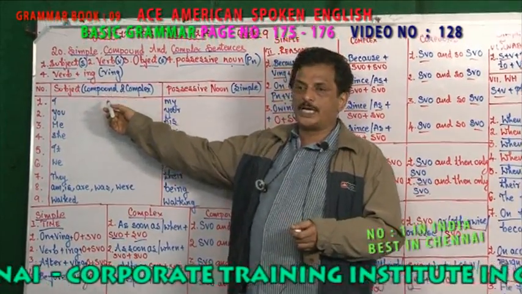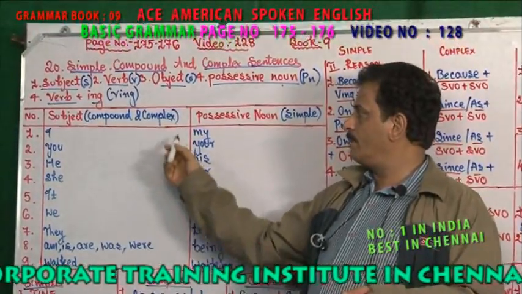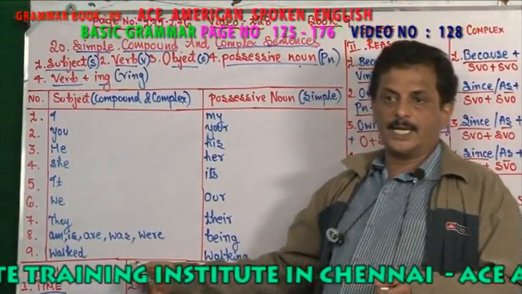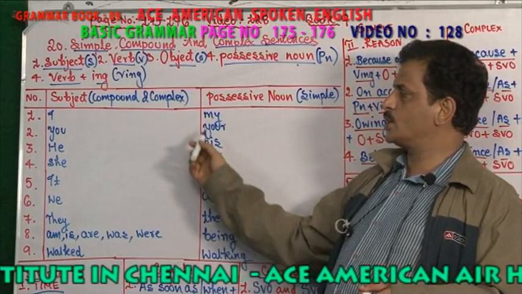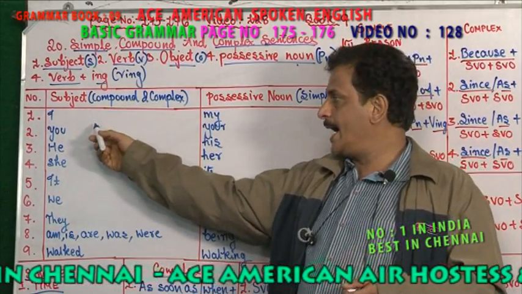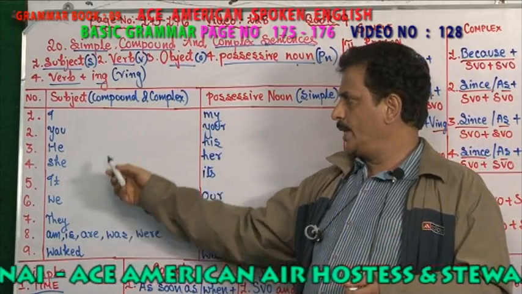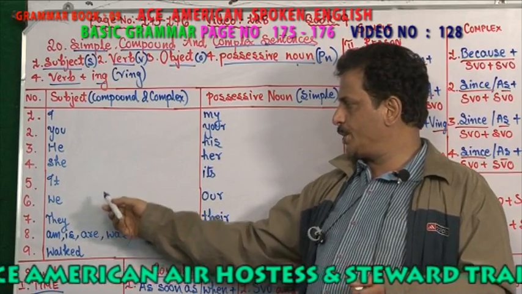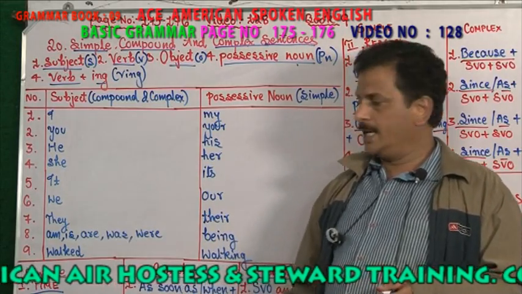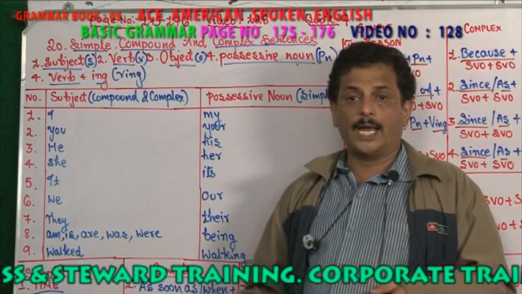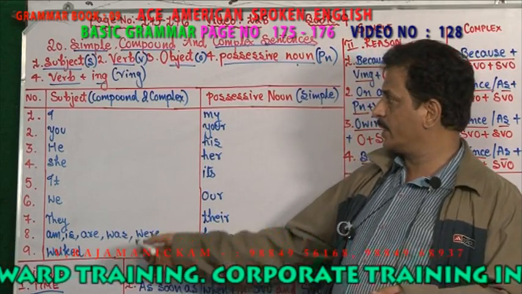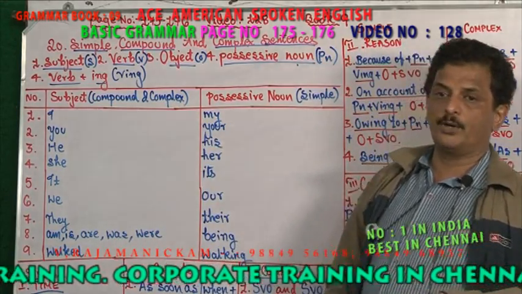So subject pronouns in compound and complex. In compound and complex, you find these words: I, you, he, she, it, we, they, and the auxiliary verbs am, is, are, was, were, and past tenses like walked. This is used in compound and complex.